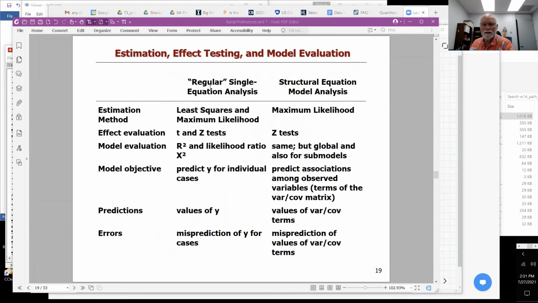What can we say about comparing regular single equation analysis and structural equation? A couple of quick things. Depending on the modeling technique, you could be using least squares regression in single equation analysis.